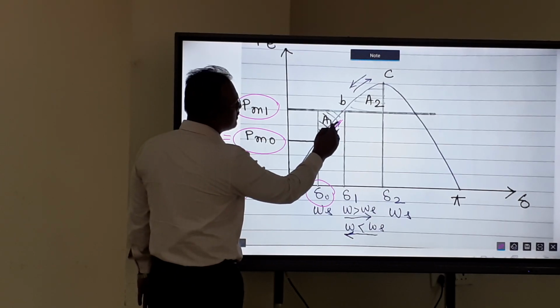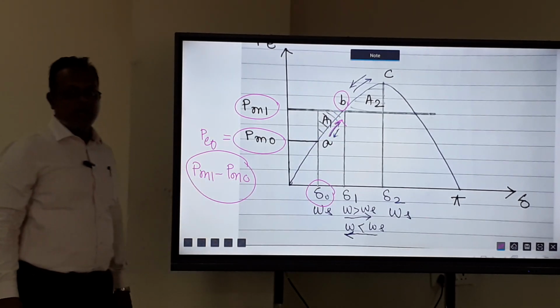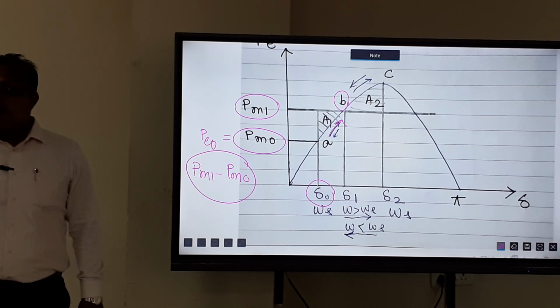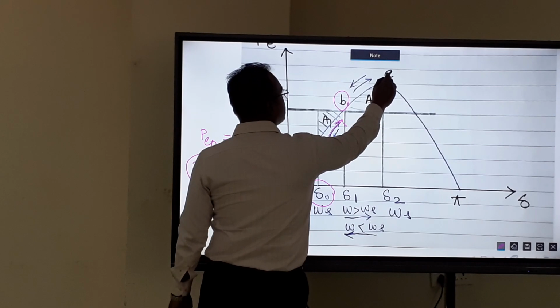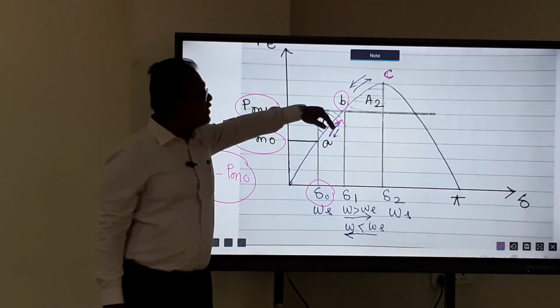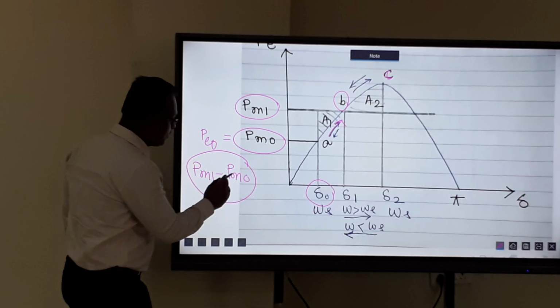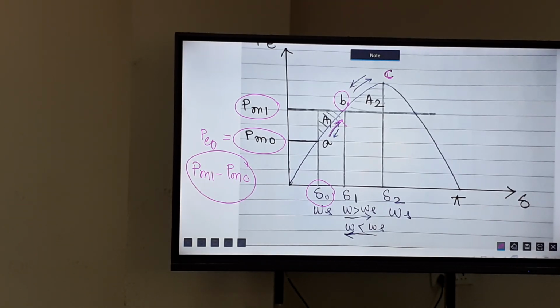Ideally, it should have reached point B. But since it is accelerating, it will go beyond it, up to C. But then, if it is beyond B, then Pm1 will be less than the electrical power. So there will be decelerating power.